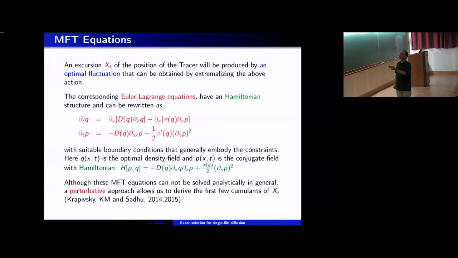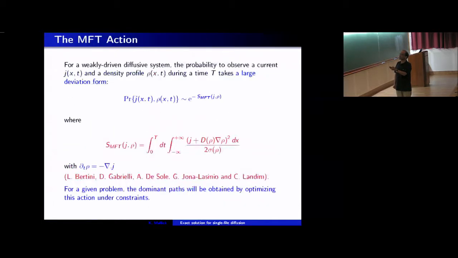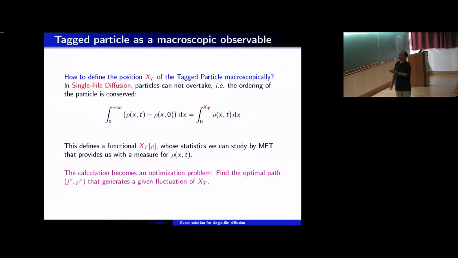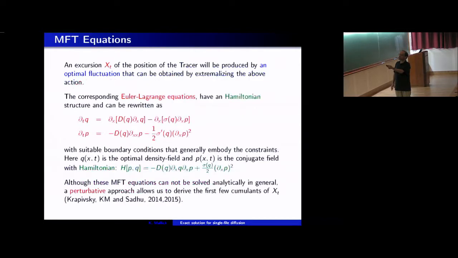Okay, so P is the density field. In fact, the thing I didn't do, this is Lagrangian. I go to Hamiltonian. This is a Lagrangian problem. I go to the Hamiltonian formulation. And going to the Hamiltonian formulation, Q remains rho, but P is the conjugate variable with respect to this Hamiltonian.